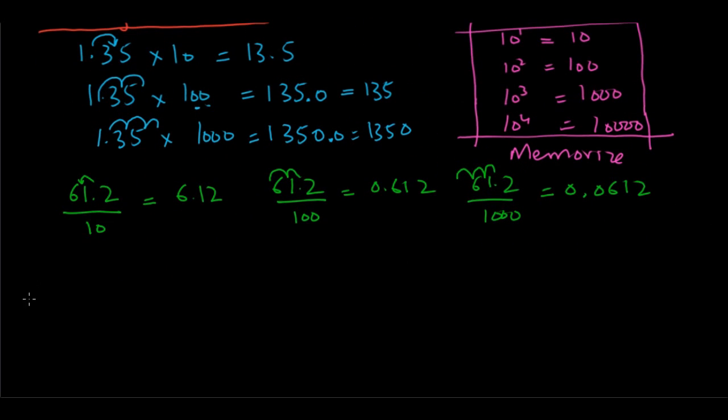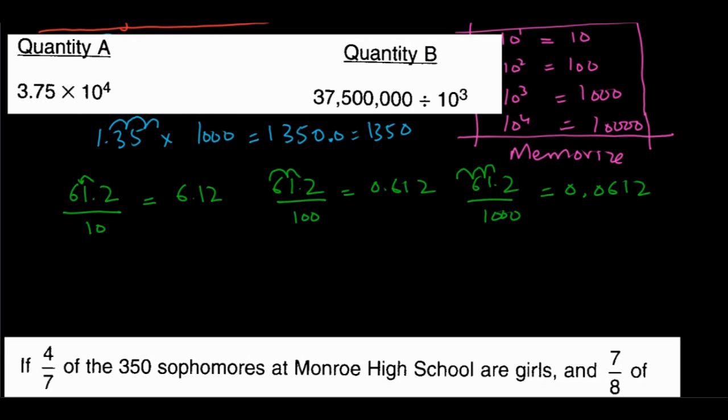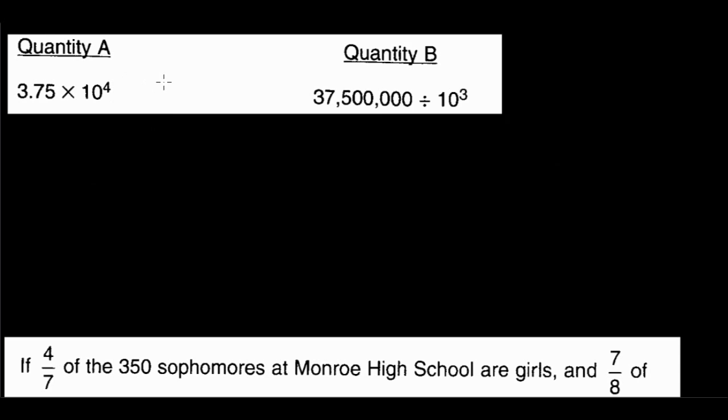Let's do an example problem on this. Again, a quantitative comparison question. We have 3.7 times 10 to the 4 in column A, and a big number divided by 10 cubed, which is 1000 as we just learned, in column B. Again, 10 is a lovely number.